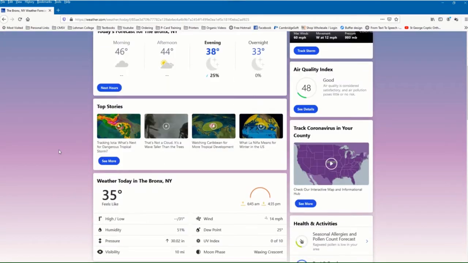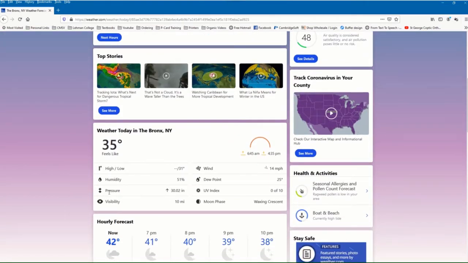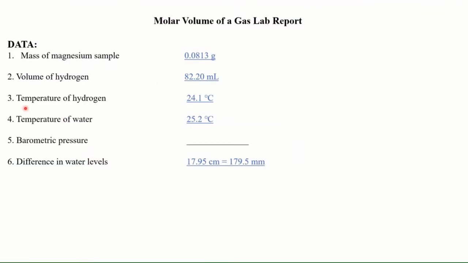If you scroll down, it will give you the pressure right here in inches of mercury. The pressure right now is 30.02 inches of mercury.